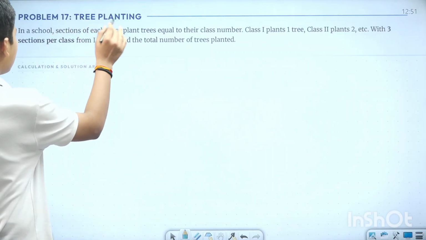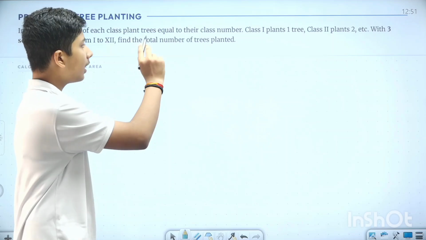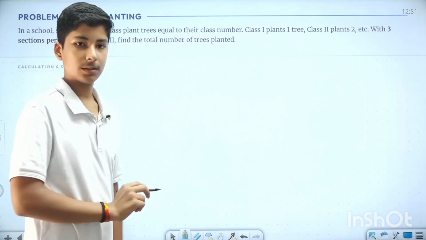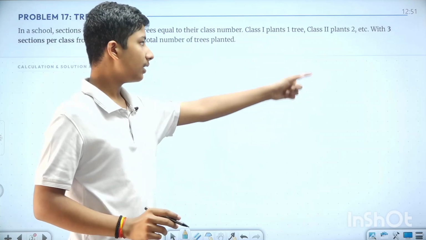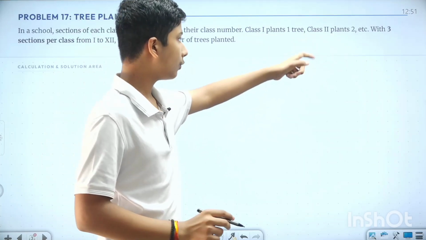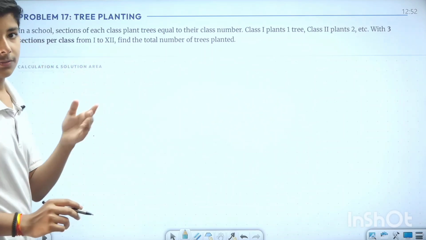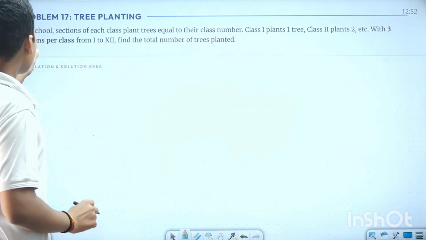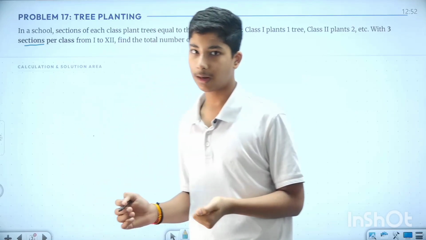Now here in our 17th question, in a school, sections of each class plant trees equal to their class number. For example, it is given class 1 plants 1 tree, class 2 plants 2 trees, and each section plants 1 tree. There are 3 sections per class.